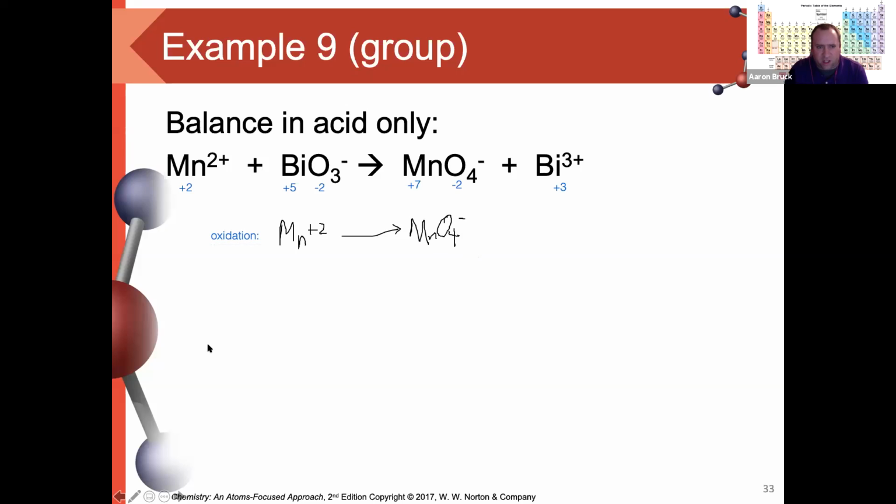And our reduction half reaction, leave a little space. Our reduction half reaction is going to involve the bismuthate ion, BiO3 minus, turning into bismuth 3+.